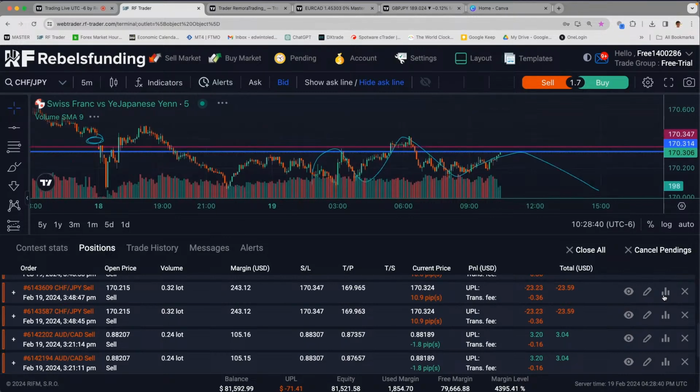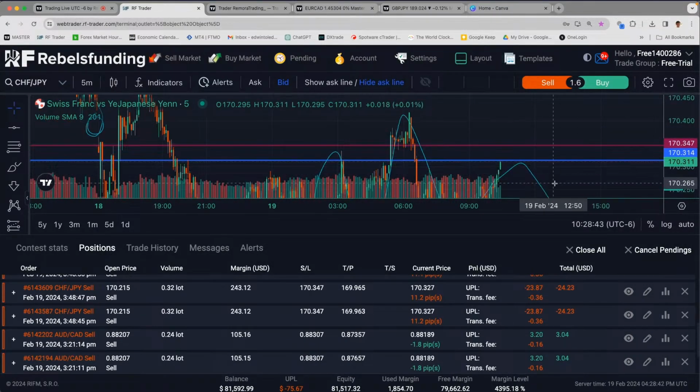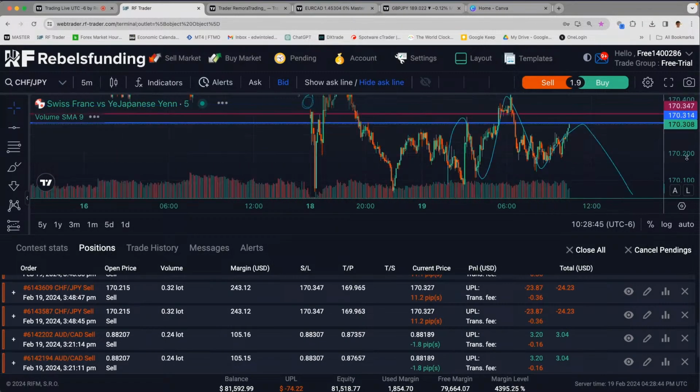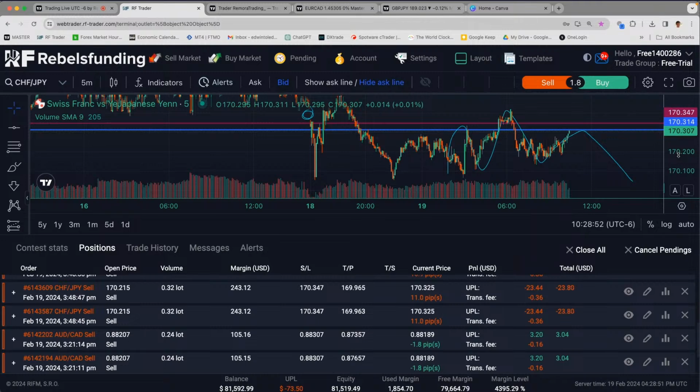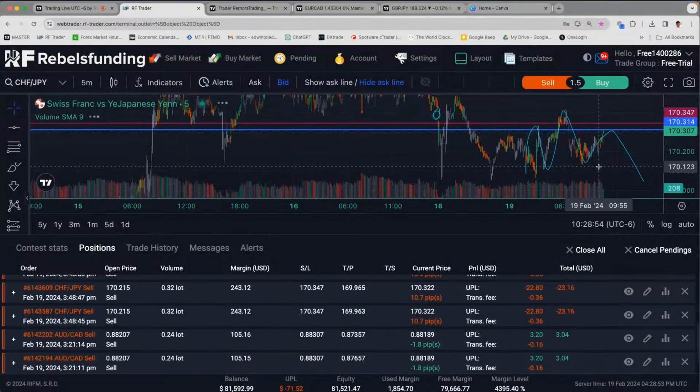So now it is at the current point. I think I want to leave a stop loss right there. I don't want to move it.